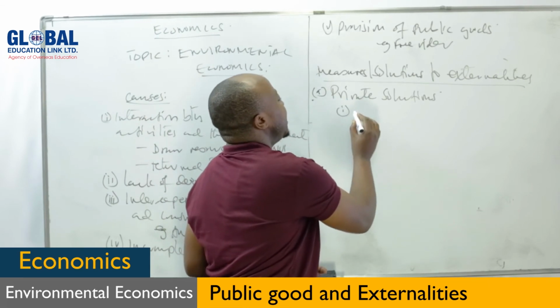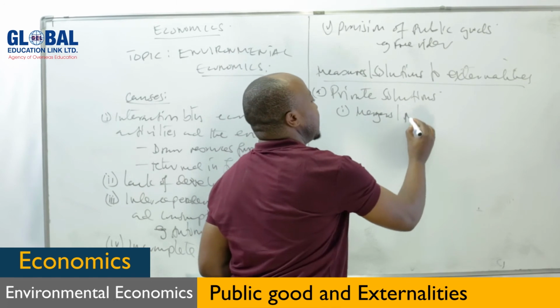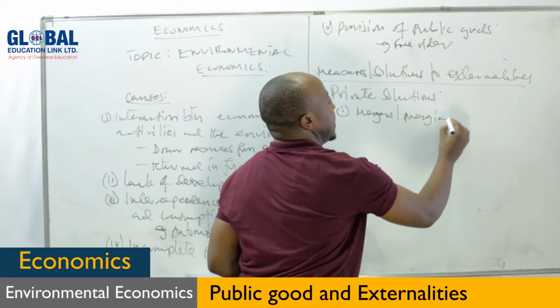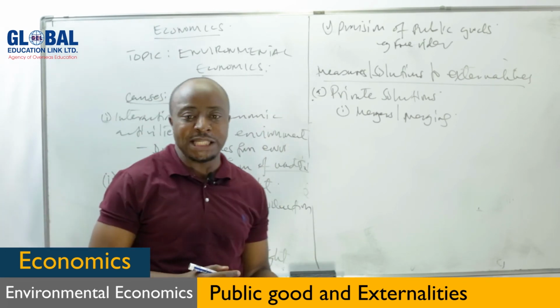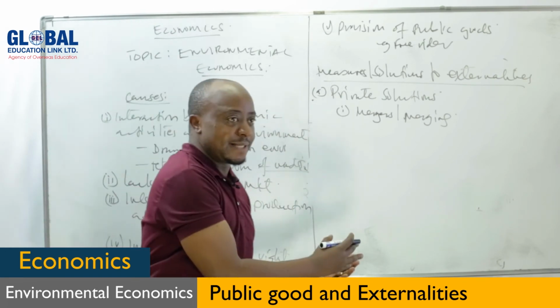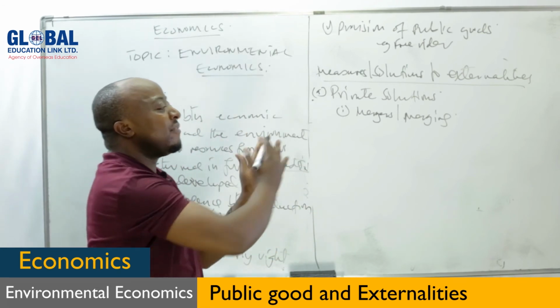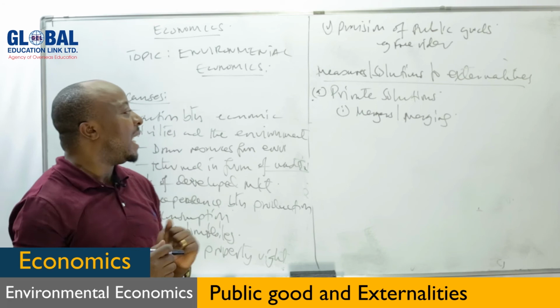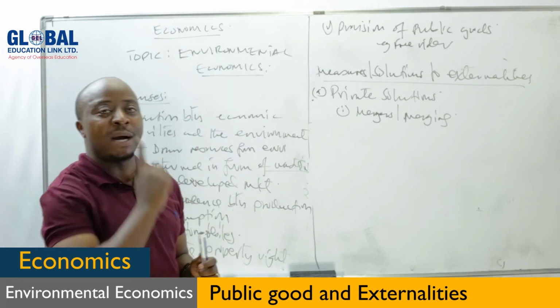Now here we have almost these ones. For example, number one, the use of mergers, or merging. To merge means to join. Here, different firms doing the same business or the same activity can join, going from many firms to only one firm. For example, let's say in a certain area there are 5 industries doing the same activity.